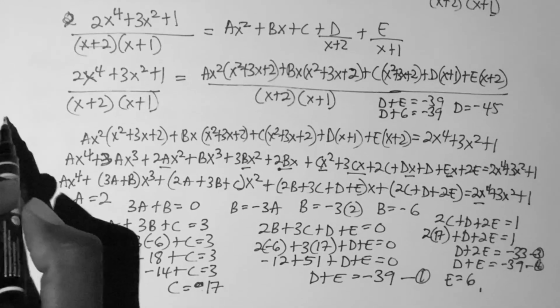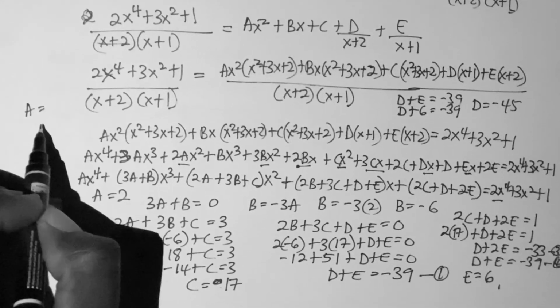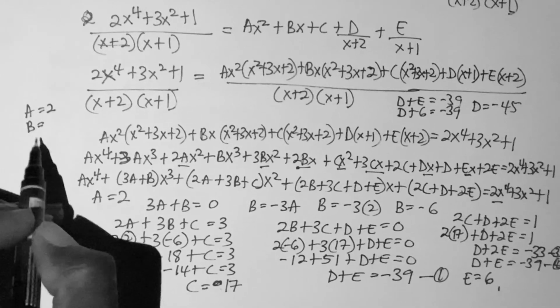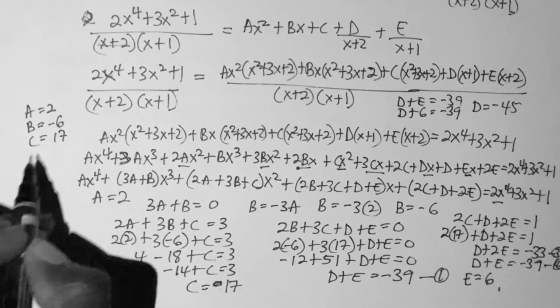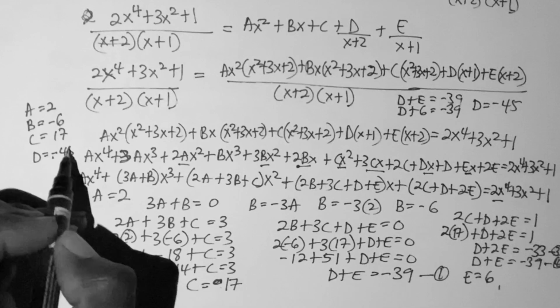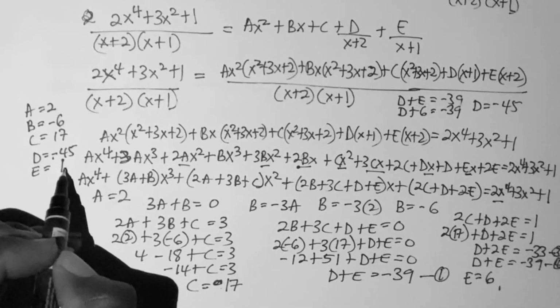So let me list the values we got here. We got a to be equal to 2. Then b, we got it as minus 6. And then c is equal to 17. Then d is equal to minus 45. And then e is equal to 6.